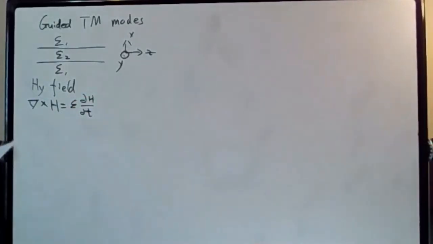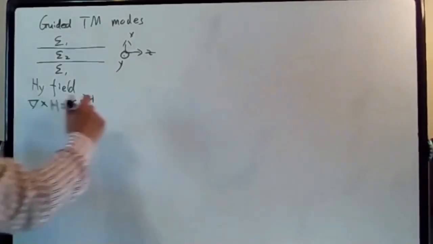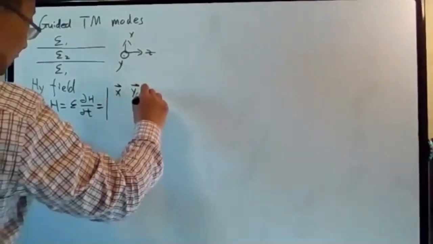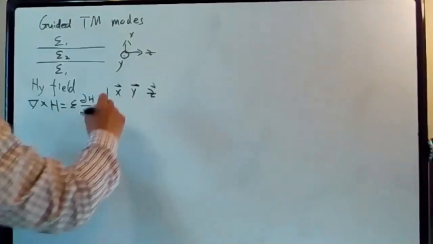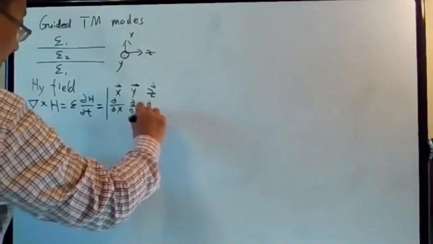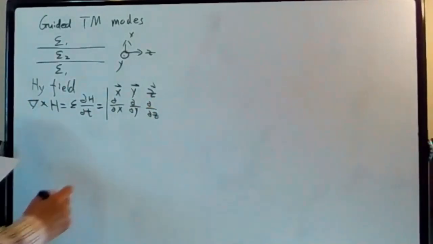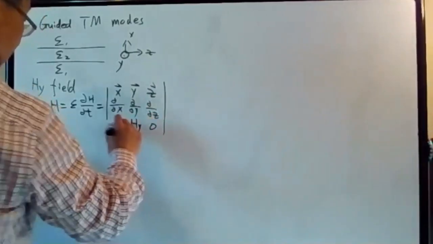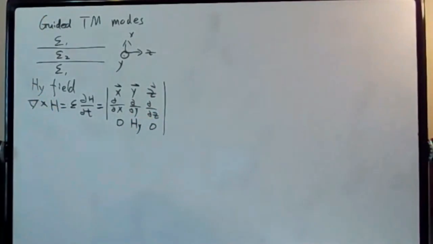And then if we take the curl of H, what we have is the x direction, y direction, z direction, partial x, partial y, partial z. Then we have HY, and then 0, 0. Okay?